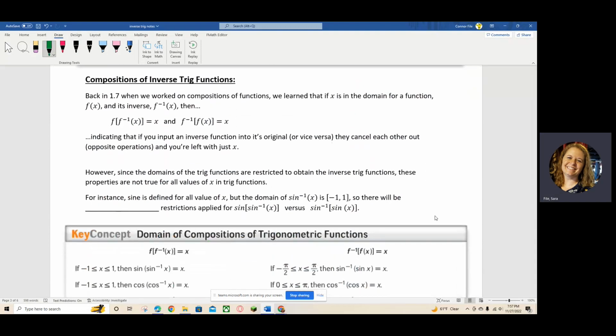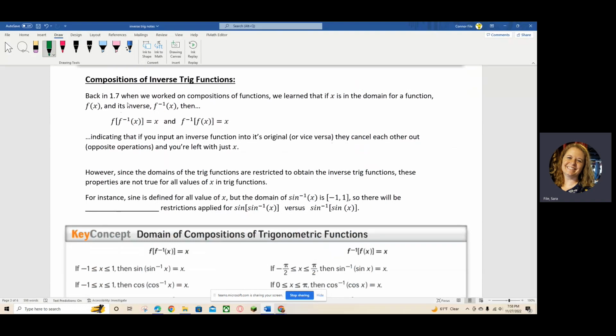Now, compositions of inverse trig functions. So remember, and I don't know if it was actually 1.7, these are notes from a previous year, and I know we've reordered stuff, but earlier, sometime in Unit 1, we talked about composition functions, f of x and g of x.